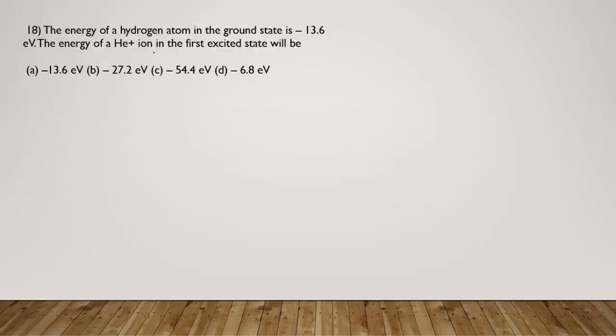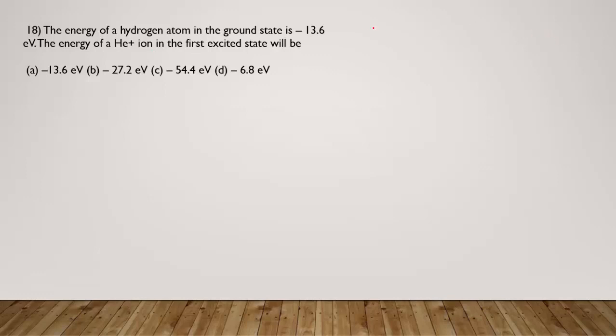The next question: the energy of a hydrogen atom in the ground state is minus 13.6 electron volt. The energy of a helium ion in the first excited state will be?